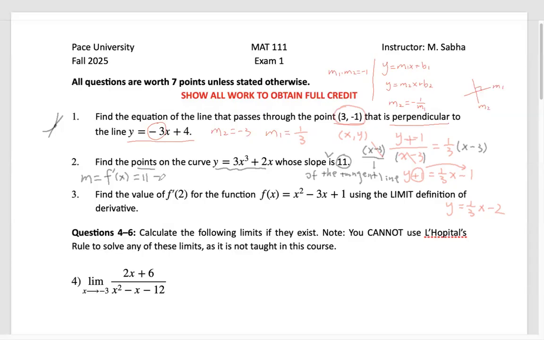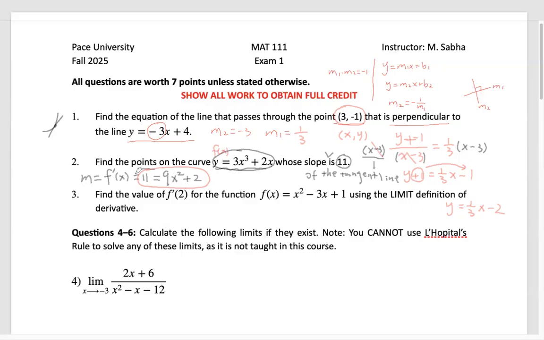Second, we can find the derivative from this function. So we take the derivative of this function, which is 9x squared plus 2. You could think of this y as f of x, in the function world.